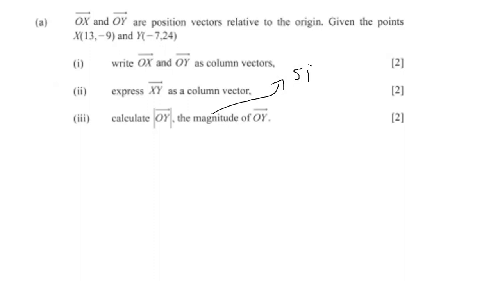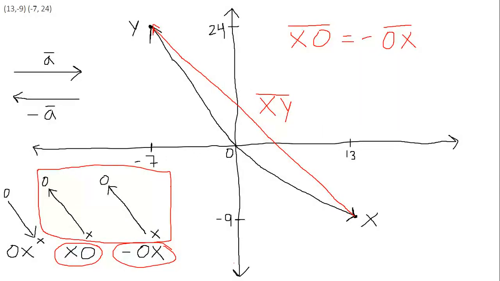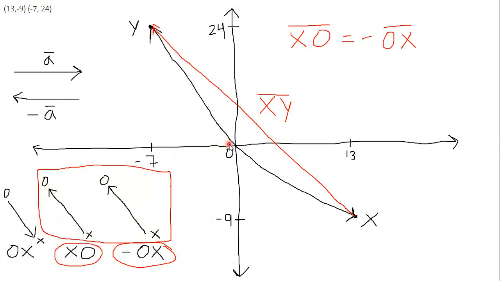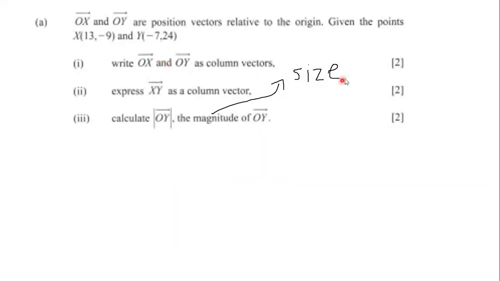So they're saying, hey, listen, how big is OY? How big is that vector? If we go here, we can see clearly what OY is. OY is this vector starting from the origin and going to the point Y. And they're saying, well, how big or how long or what is the size of this vector OY, or what is its magnitude? And so that is what they want us to calculate.